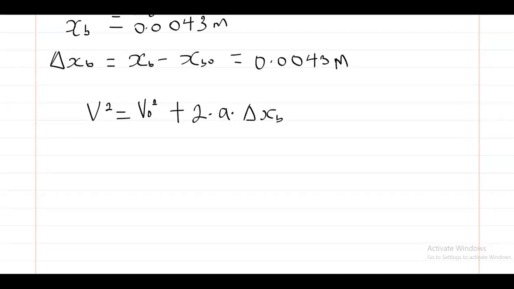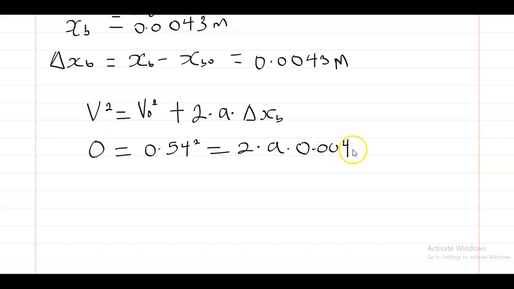In this case, our v, because it stops, is going to be 0. Our v naught, it still traveled with the same velocity, 0.54, squared equals 2 times acceleration, which we need to find, times the change in position there.